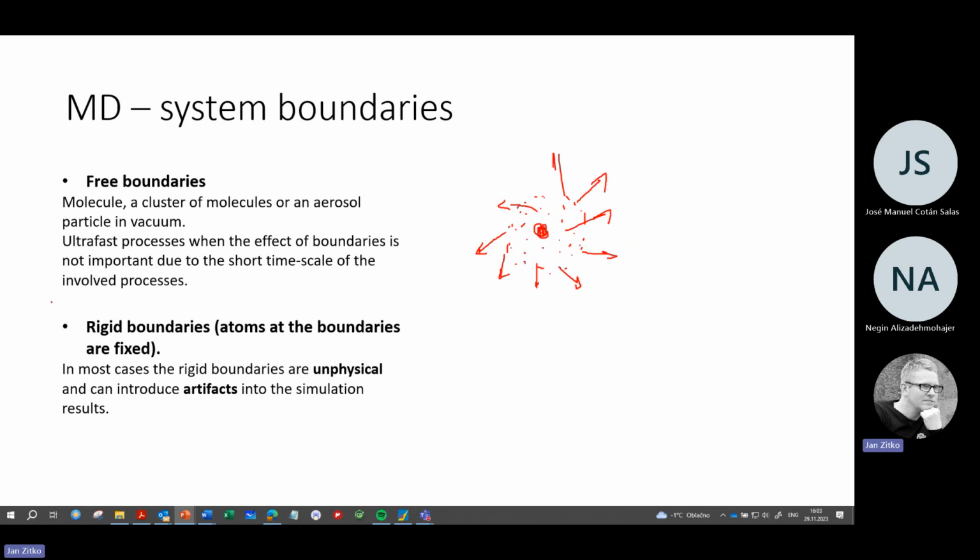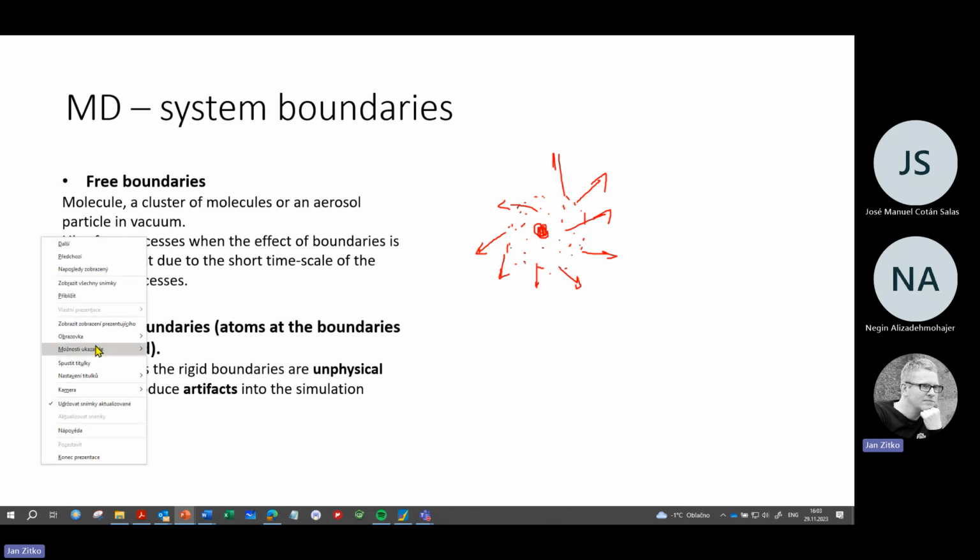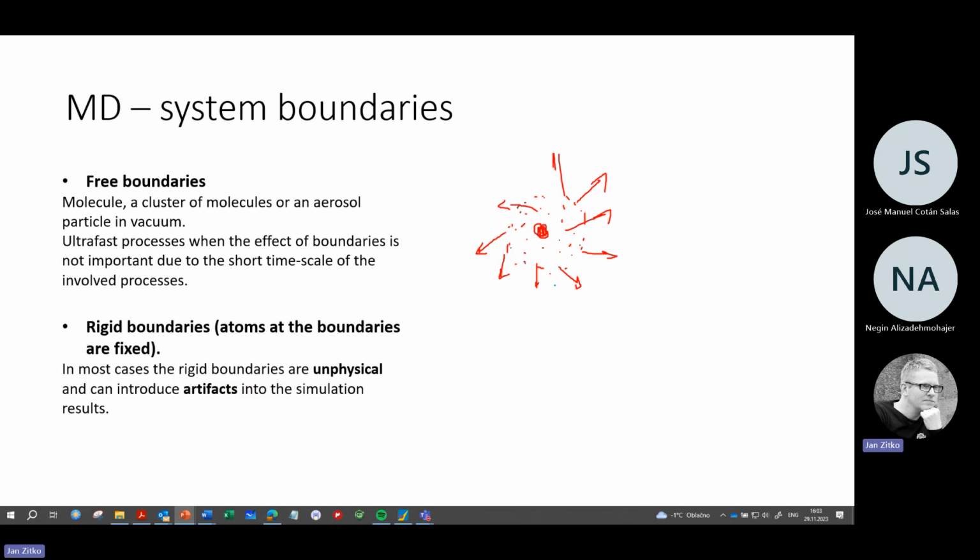So more often we use rigid boundaries, which you can imagine in this way. What you basically do is apply an artificial force field barrier around the system. So you have the initial system, and you apply an artificial potential barrier.